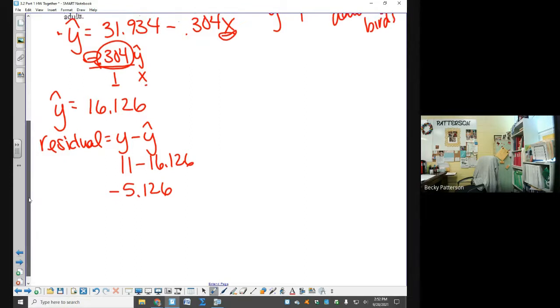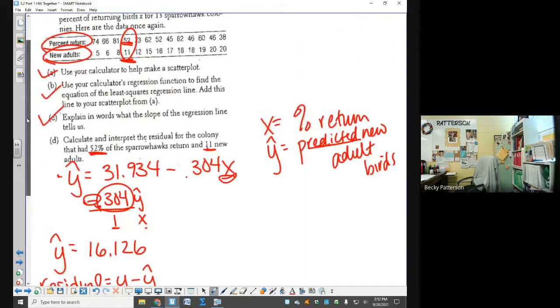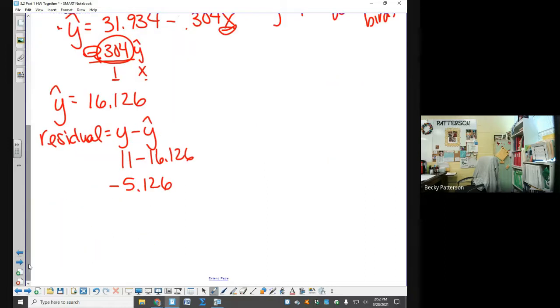What is the 52 again? Okay. So when 52% return, what are the Y's again? Look at your chart. What are Y's? The number of adult birds, right?